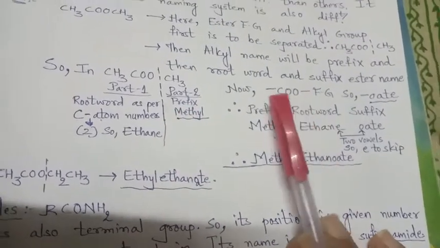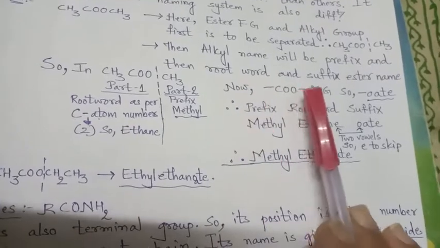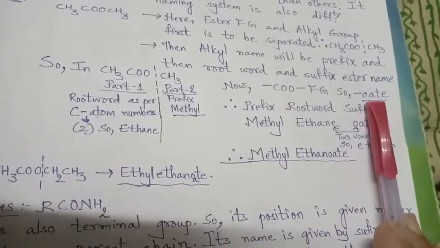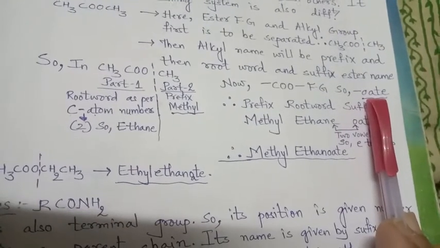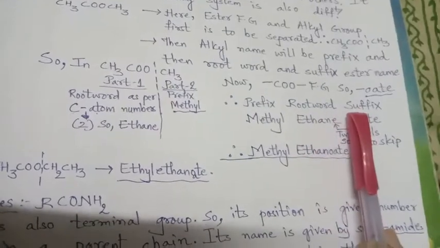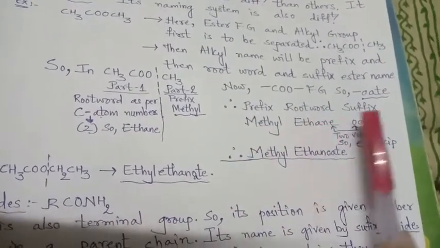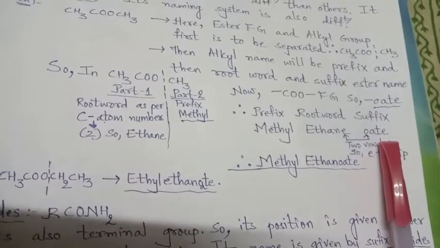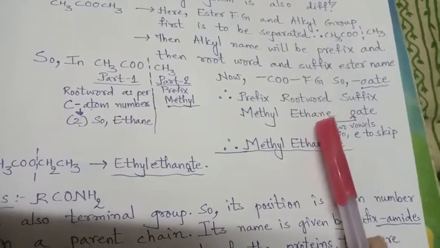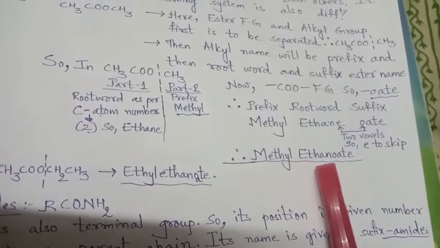And then C double O dash, that is the continuation chain and the alkyl group. So that is the functional group. So oate, it will take as the suffix. So what we will do? Prefix, root word, and the suffix. So here prefix is methyl, root word is ethane, and suffix is oate because of the ester group. E and O, both are vowels, so skip E and you will get methyl ethanoate, right?